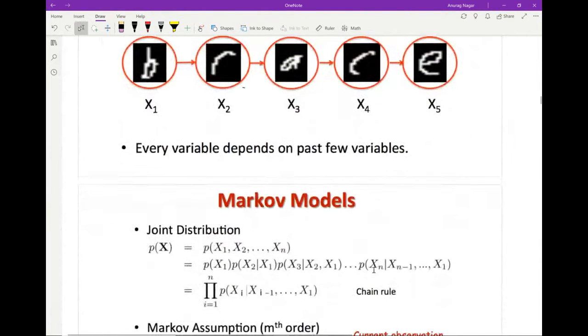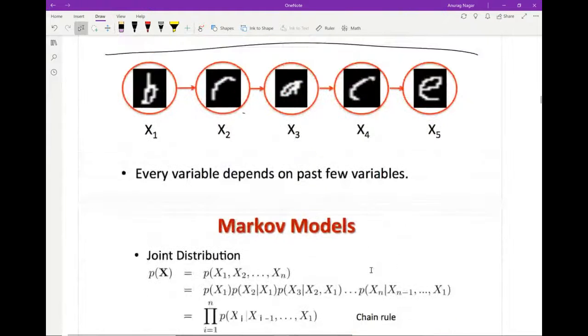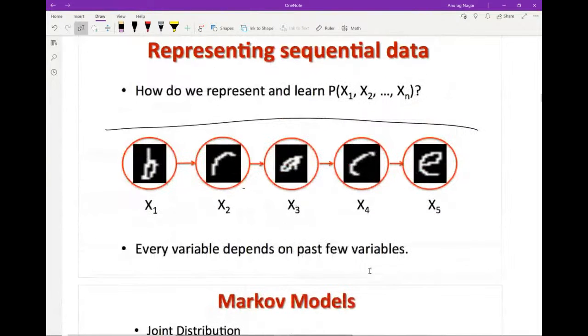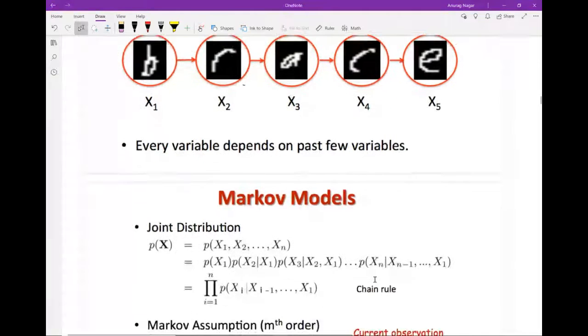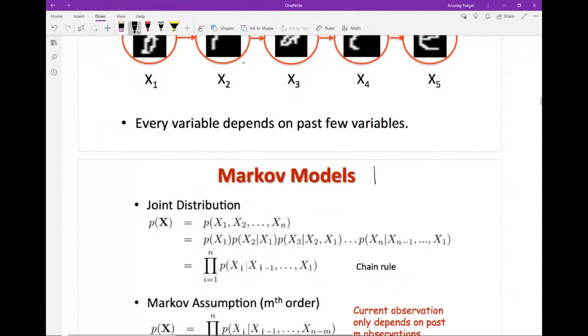You can work with such an example, and the principles that we learned in binary net or Bayes net still apply. So what did we say the joint probability of n variables is according to first order Markov model?